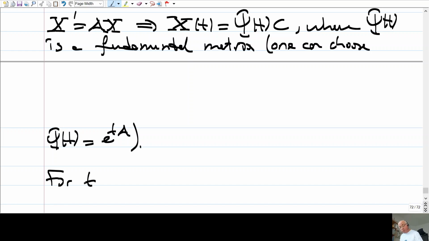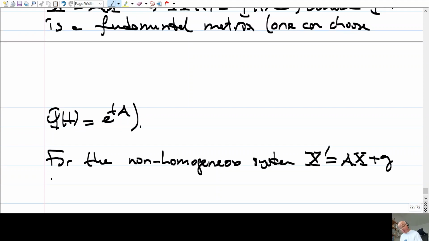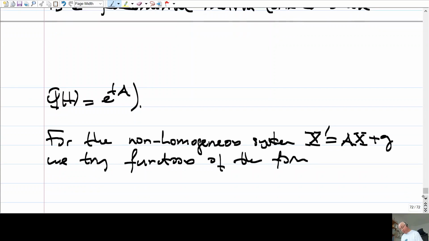For the non-homogeneous system x prime equals ax plus g, we try functions of the form x(t) equals psi(t) times u(t), taking a fundamental matrix psi.